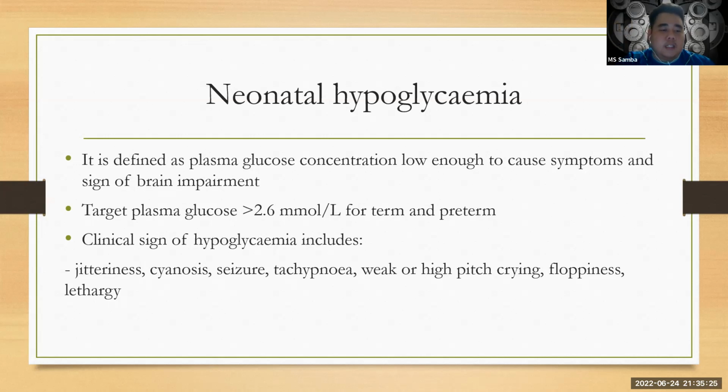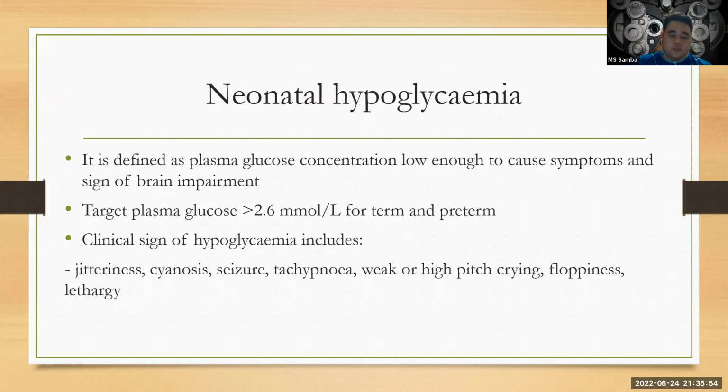When the mother has gestational diabetes mellitus, especially if it is uncontrolled, the child is exposed to a high concentration of glucose. So the pancreas of the child starts to produce insulin to convert the glucose. When the child is born, there is no supply of glucose from the mother, but the child still produces insulin. This leads to neonatal hypoglycemia.